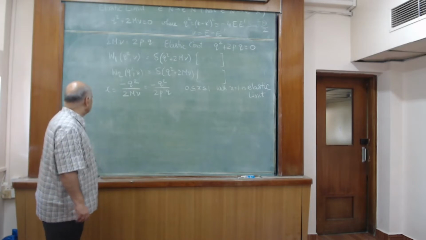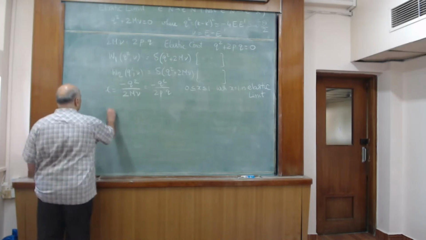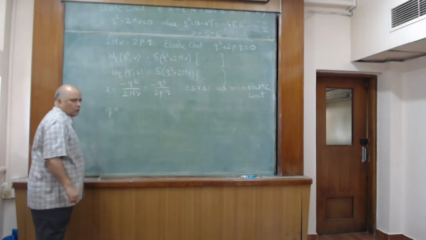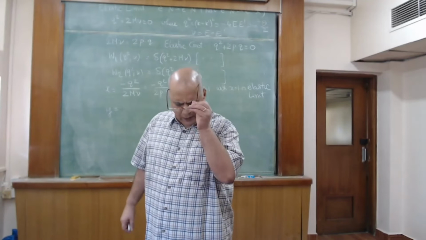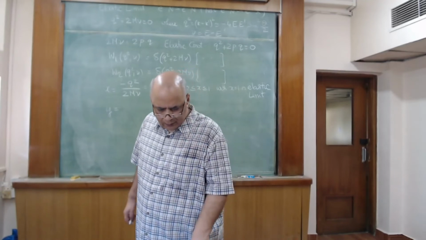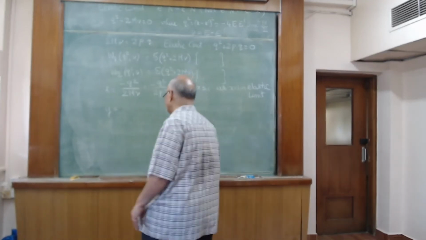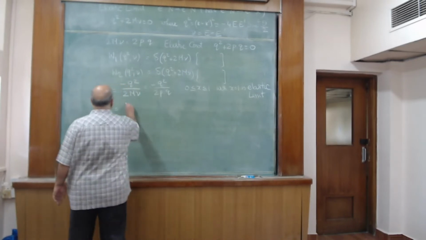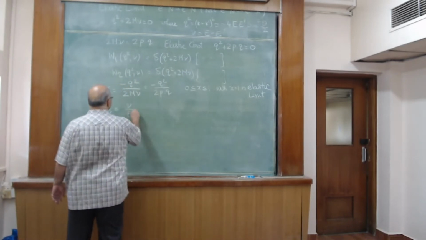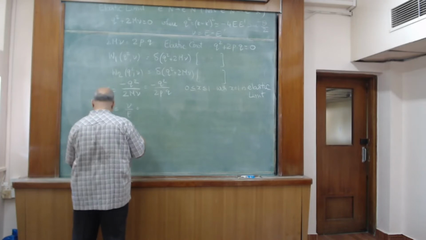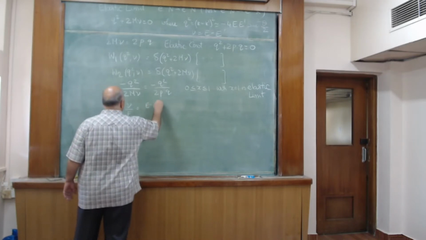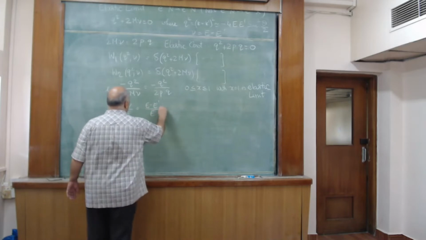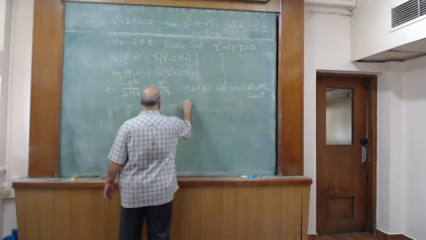And the second variable we introduce is y, and y is defined as nu by E. So this is E minus E prime by E, or 1 by.